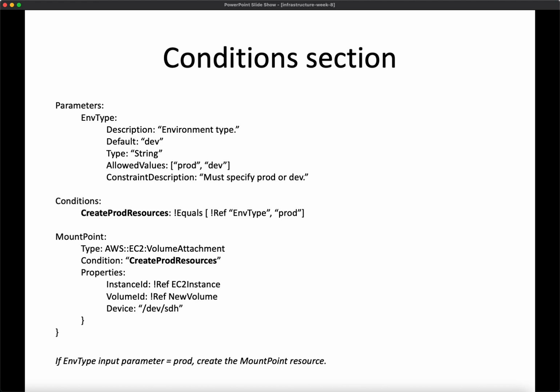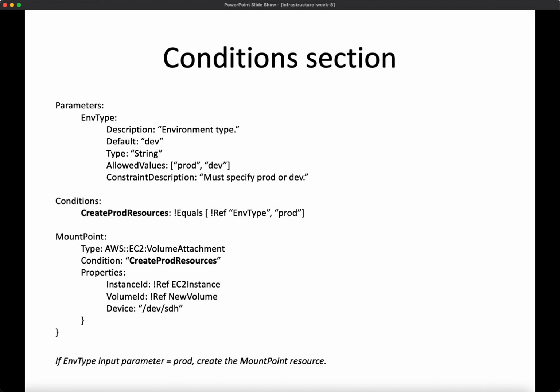Later on in our resources section, we have a resource called mount point, and that mount point is creating an EC2 volume attachment. It will conditionally be created based upon the value of the create prod resources condition.